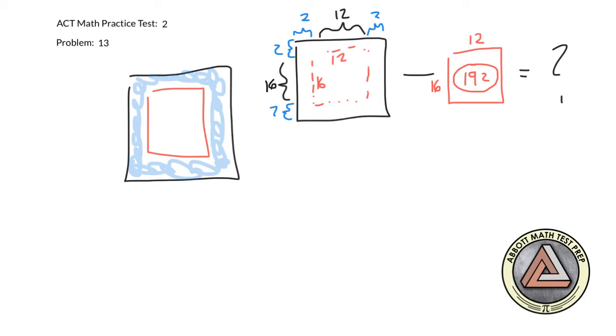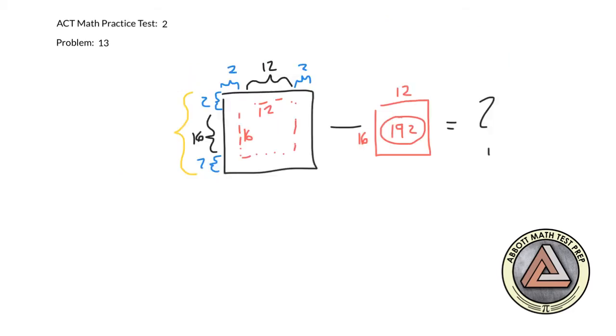So when analyzing what the actual dimensions of the rectangle are, you could most definitely say that this one is going to be 20, because 16 plus 2 plus 2 is 20.